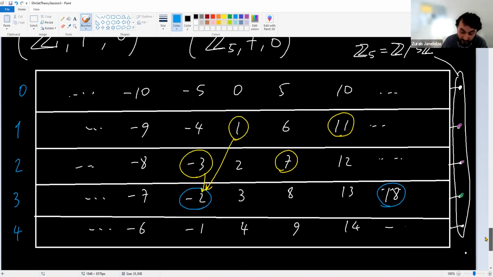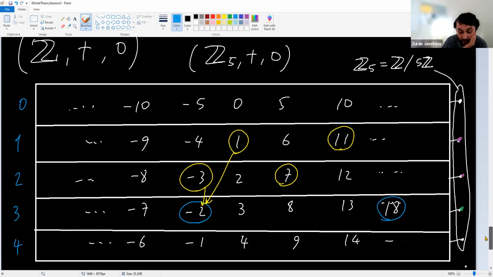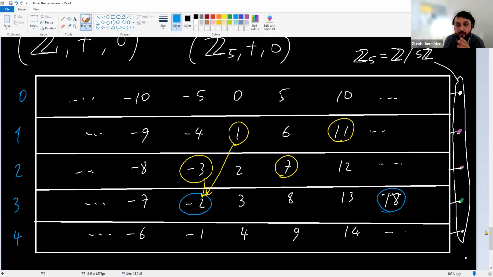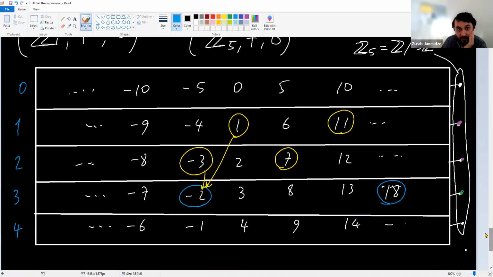Yes, and in a situation like this, when our equivalence relation or partition was chosen in such a way that the operation behaves well with it, because the result of the operation does not depend on representatives of the groupings, such an equivalence relation is said to be a congruence on your mathematical structure.